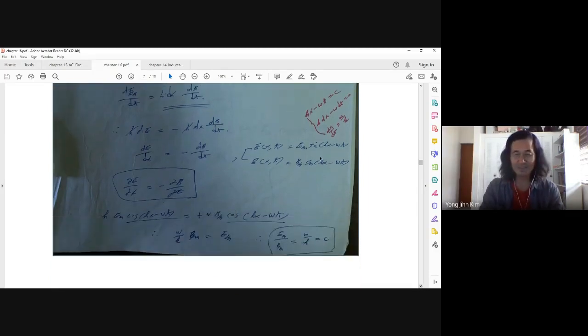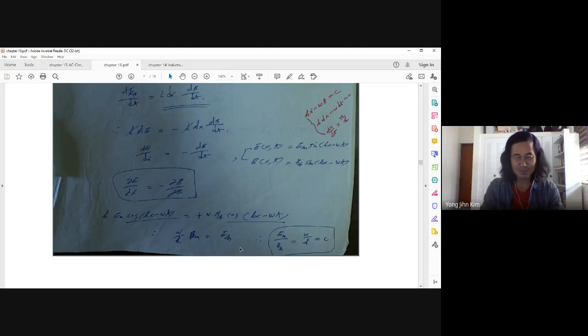Then I substitute the electric field and magnetic field here. The electric field has k, and the derivative with respect to t produces minus omega, and the cosine function is cancelled. So I move k here: omega over k times Bm is Em.